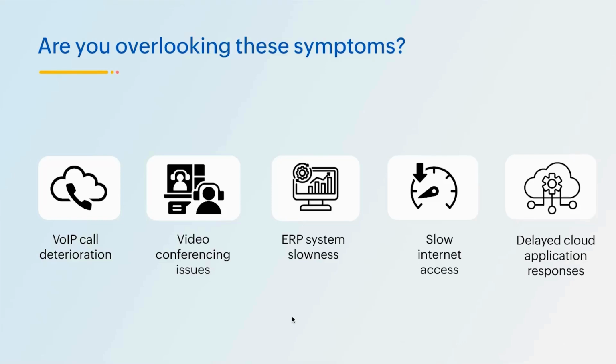The symptoms are slow transaction processing and data retrieval delays. The fourth one is general network sluggishness. The symptoms are slow internet access and delayed cloud application responses. To regulate the bandwidth allocation, or the rate at which the network is used, traffic shaping becomes a business imperative.